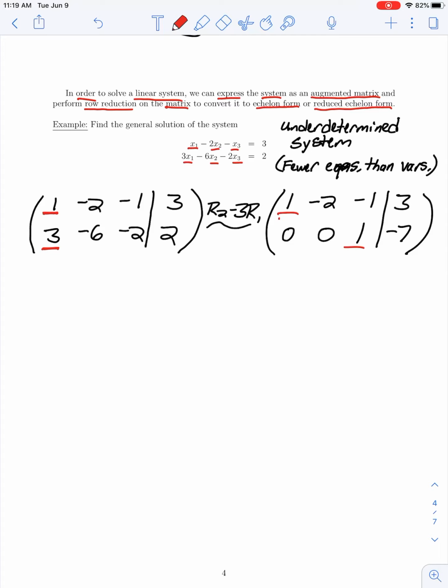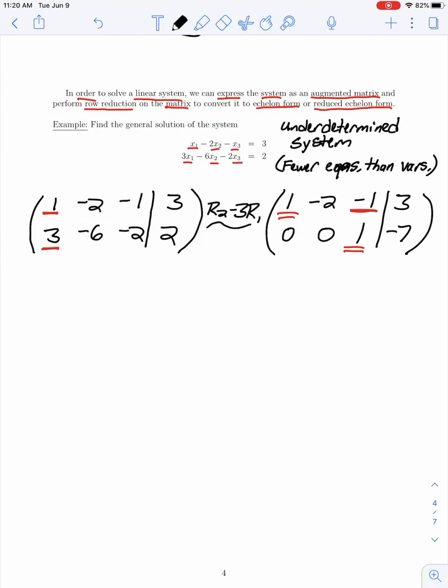For my first leading entry, or the leading entry in the first row, I've got zeros everywhere above and below that entry. So to put this in reduced echelon form, I just need to kill off the -1 that appears above my leading 1 in the third column.